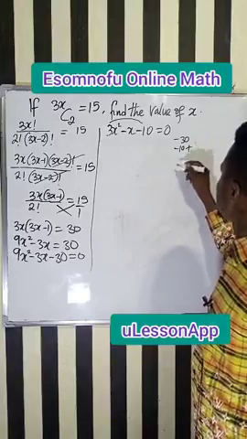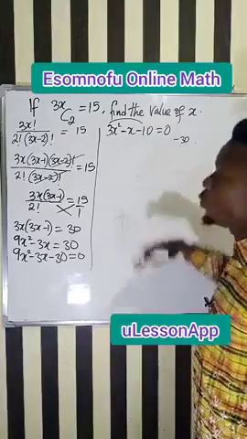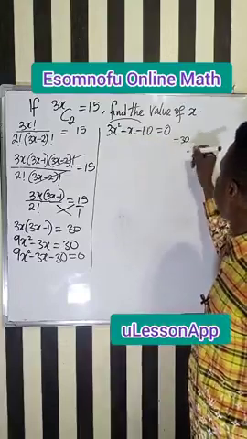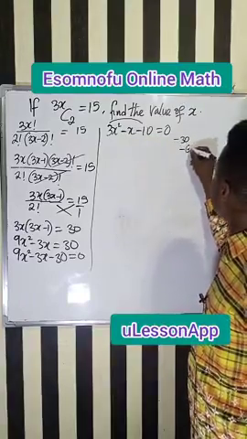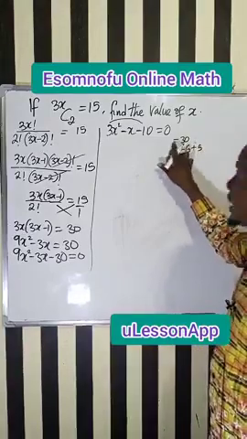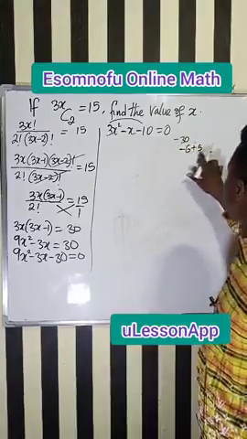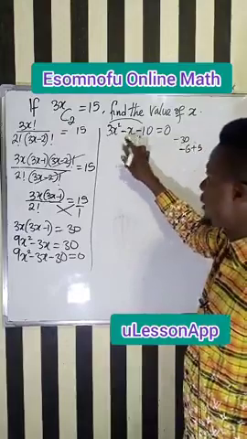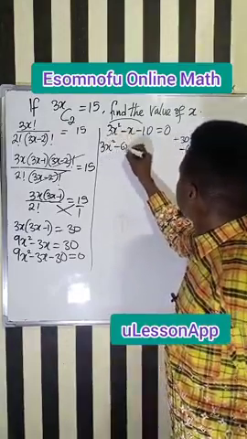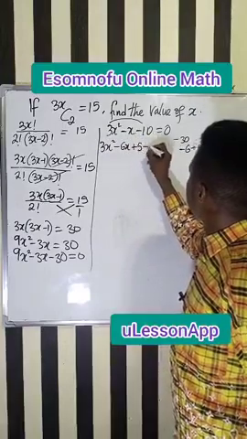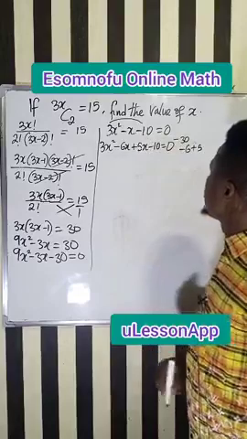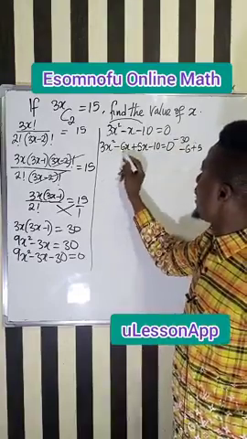Let's check. Minus 10 and plus 3 will not work for us because it cannot give us minus x. Let's use minus 6 and plus 5, because minus 6 times 5 is minus 30, and minus 6 plus 5 will give us minus 1 here. So you just write 3x squared minus 6x plus 5x minus 10, everything equal to 0. So 3x is common here.